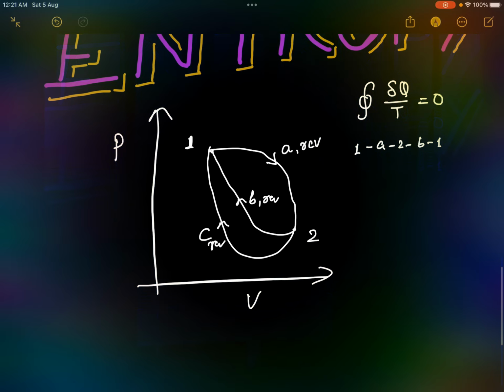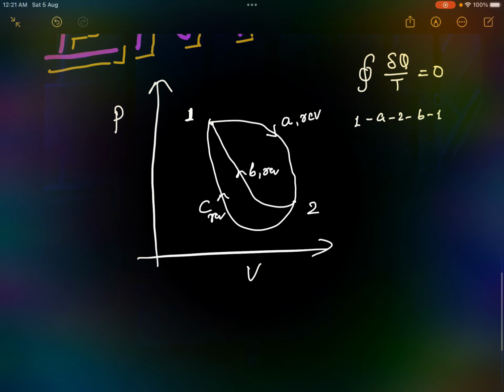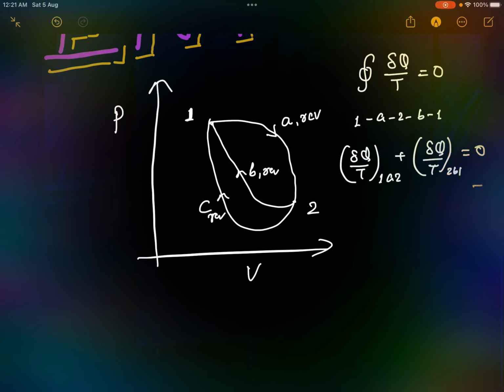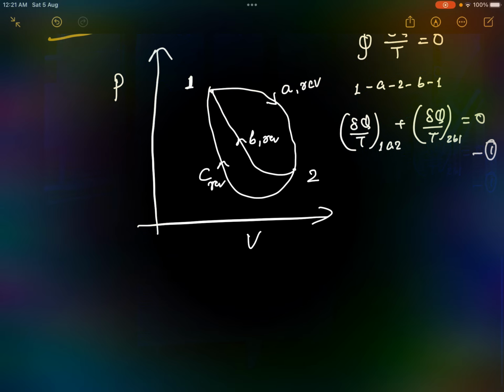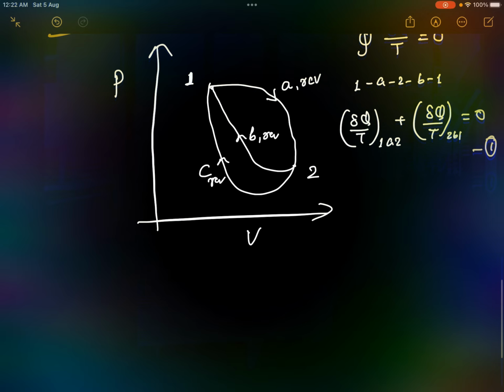For this path we can write that del q upon T for 1A2, plus del q upon T for 2B1, is equal to 0, which is equation 1.